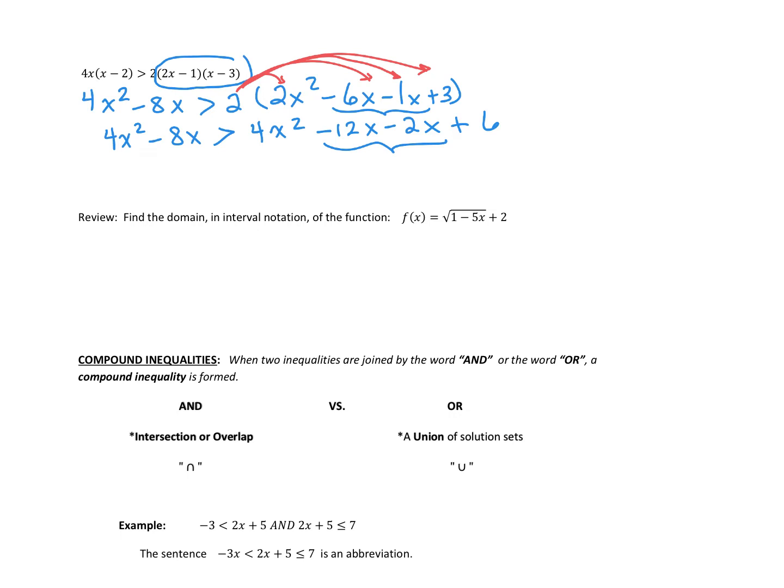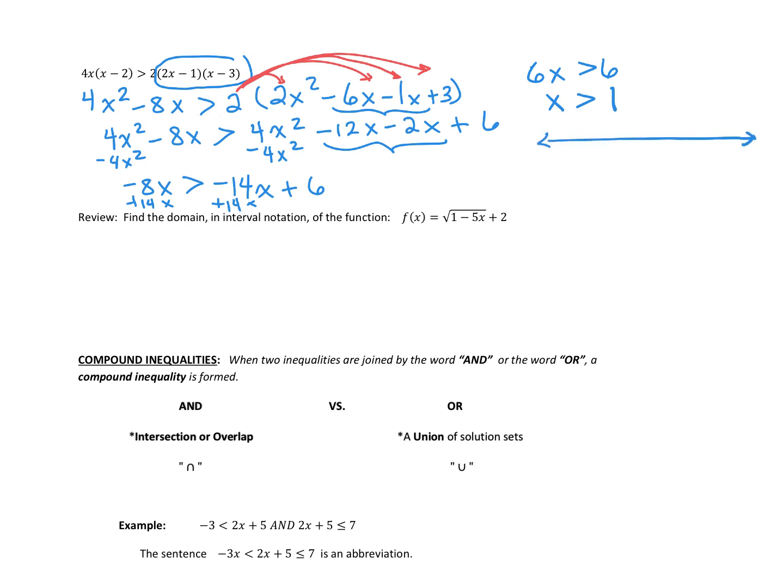So now I'm going to do that, and I'm also going to subtract 4x squared from each side. So I have negative 8x is greater than negative 14x plus 6. And then adding 14x to each side, 14 minus 8 is 6, so 6x is greater than 6, x is greater than 1.